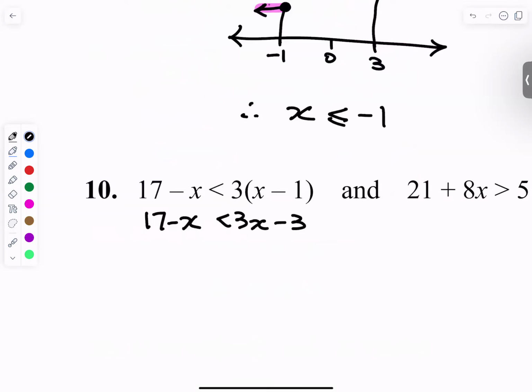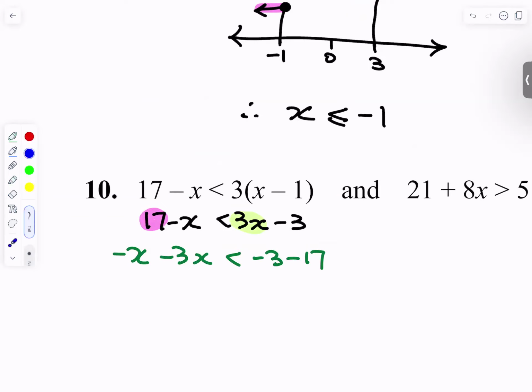All the unknowns on the left-hand side and all the numbers on the other side. So positive 3x there comes here, becomes negative. And then this means a hidden 1 there. So -1 -3. You're already 1 step down. You're going 3 more steps down. So in total, 4 steps down.